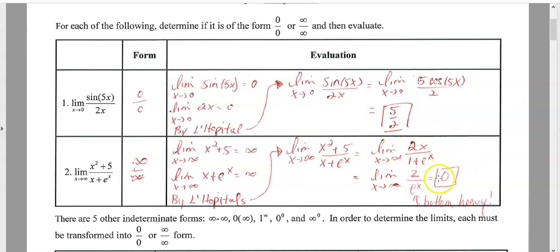Then by L'Hopital, we write 2 over e to the x. This is a bottom-heavy function, so this is going to be 2 over infinity, which gives you 0. Remember, bottom-heavy functions always go to 0. It gets smaller and smaller as we approach infinity. That's just a really quick review of those examples.